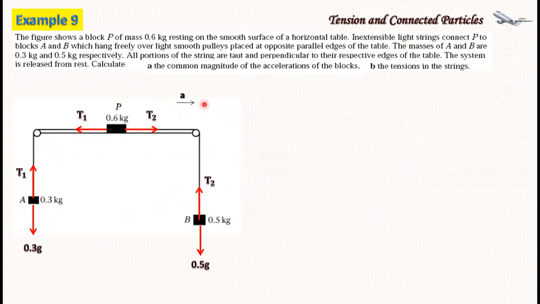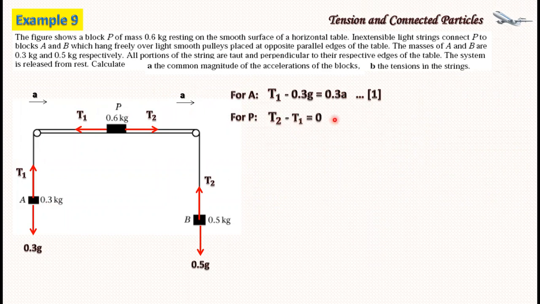For the mass A, we will have T1 minus 0.3 G equal to the mass 0.3 times the acceleration of the system, A, equation 1. Then for the particle P, since it's going to move in this direction, we have T2 minus T1 equal to its mass times its acceleration, 0.6 A.